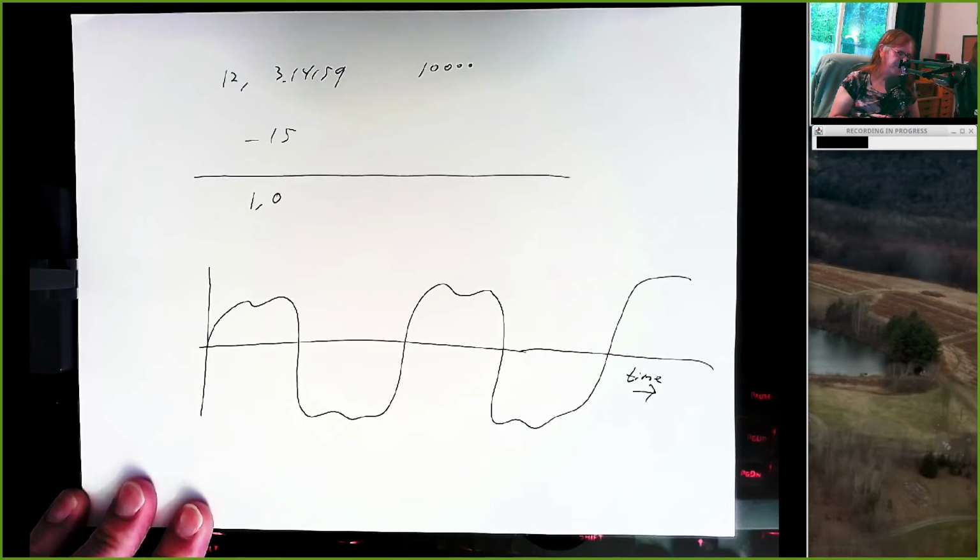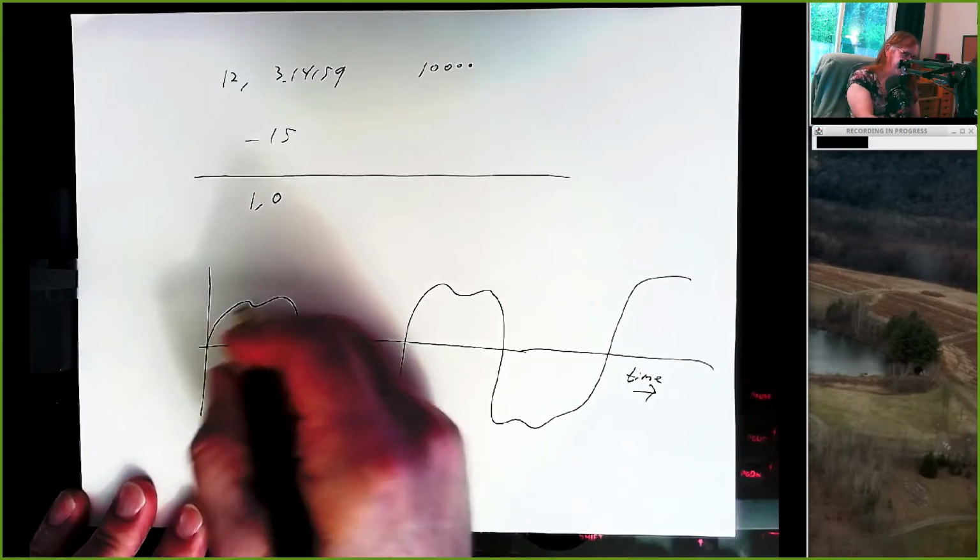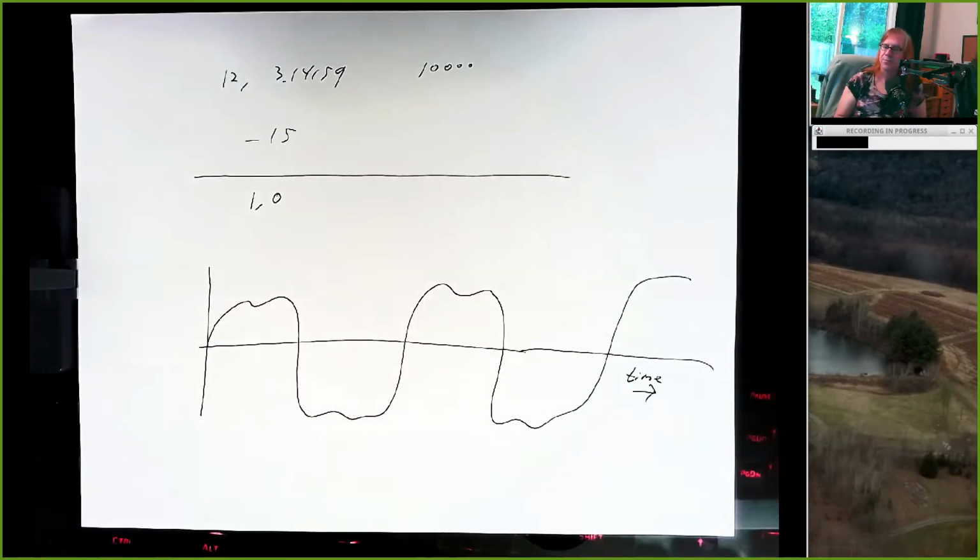But it could be that this is a measure of air pressure. This could be the air pressure inside my ear as I'm observing a sound that's being made by a bird at 6 in the morning, right?